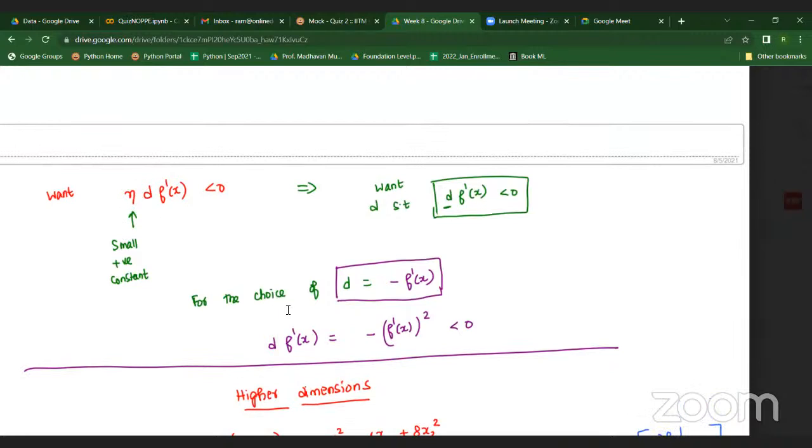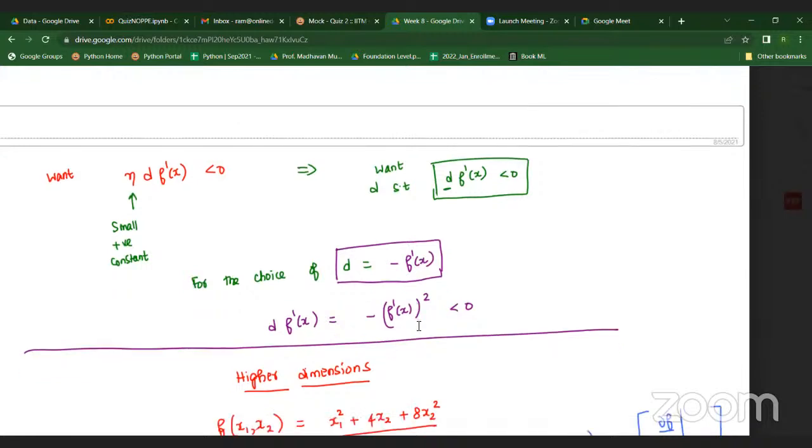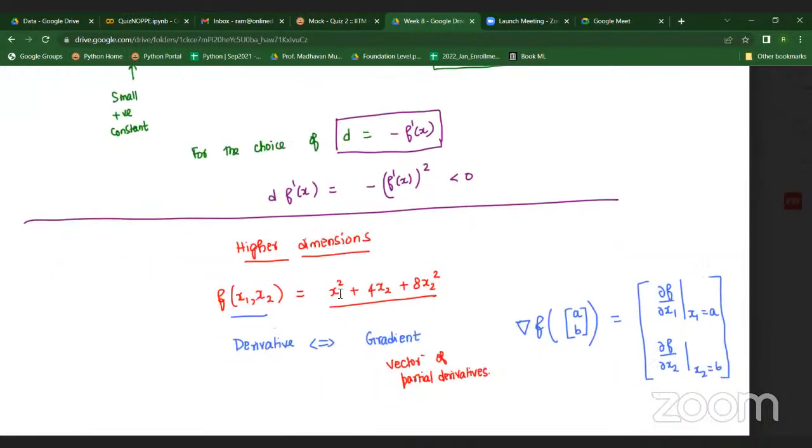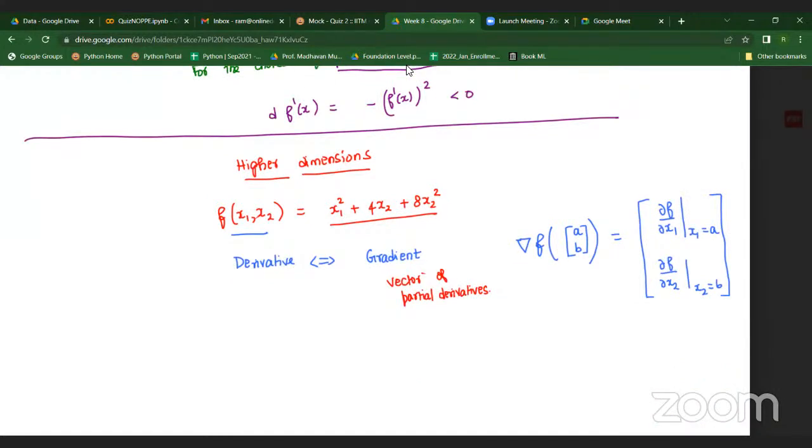Since we know eta is positive, when we substitute d as minus f dash of x, eta times minus f dash of x whole square is always less than 0. Okay. That is the reason why we choose d as minus f dash of x. All right. Until now, is it clear? Yes, sir.